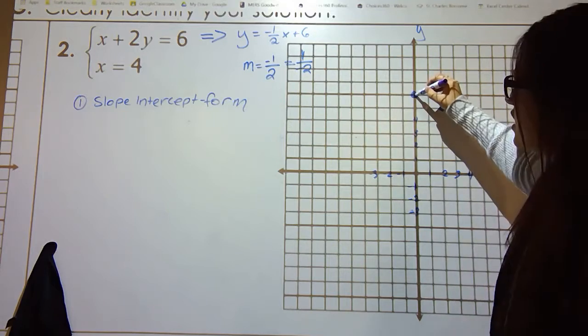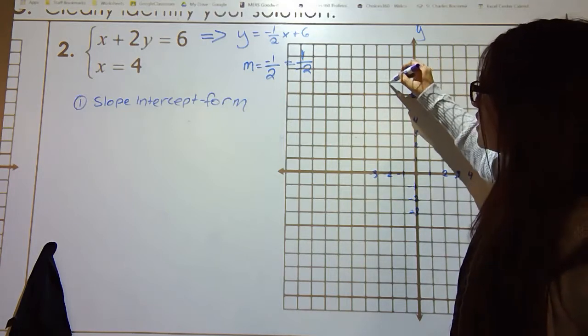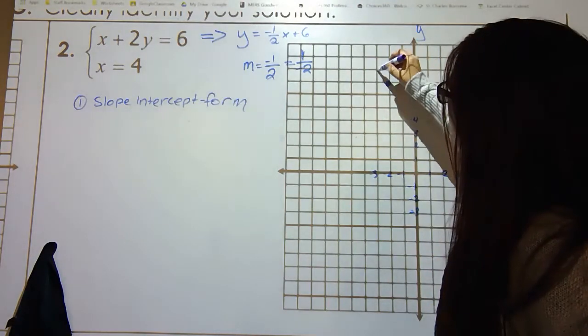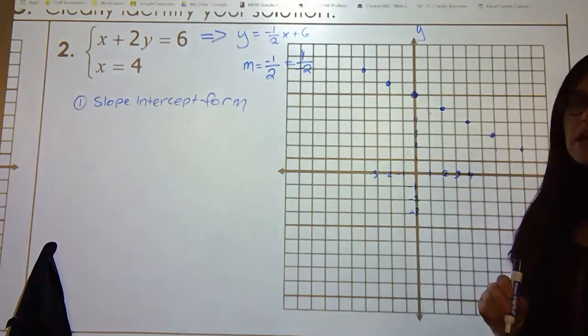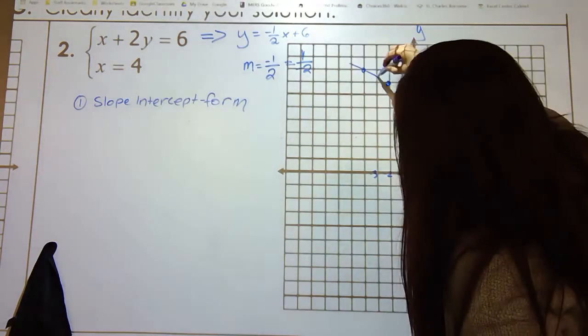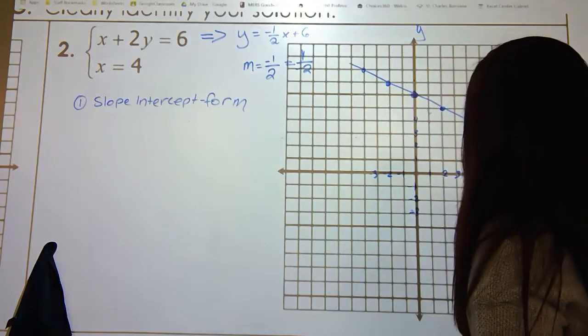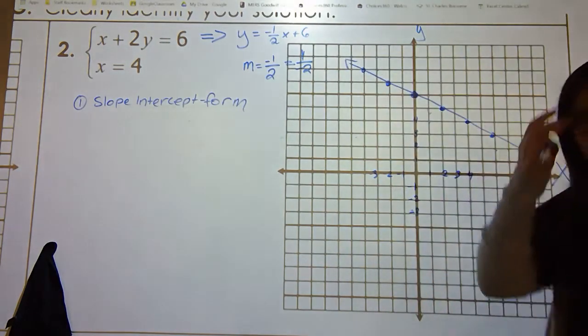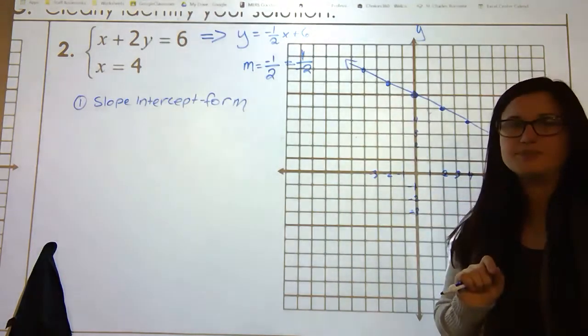Maybe I'll find some going the other way too. Up 1 and to the left 2. See how that dot's gonna lie on the same line? So this is gonna allow me to be more precise, okay? Because we know that we need to be super precise. So it's nice with Alex because they'll be precise for you, but sometimes it's hard to navigate that little button.